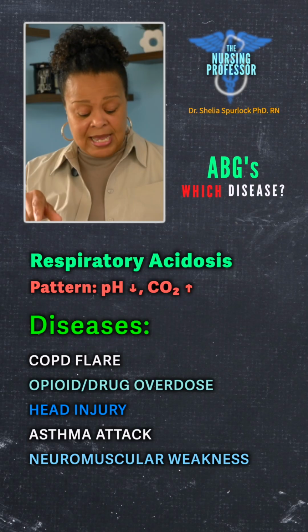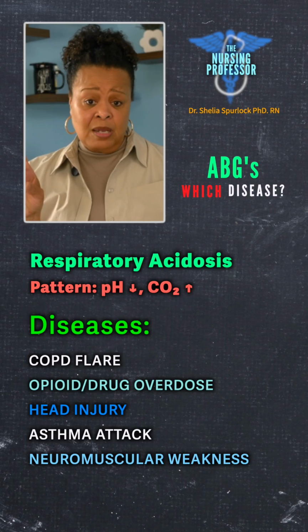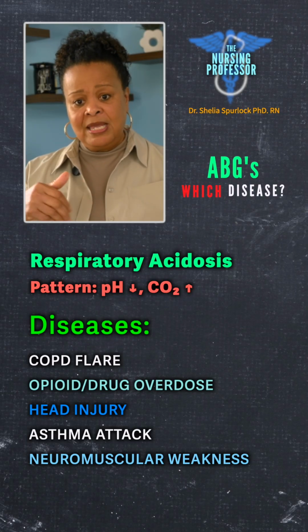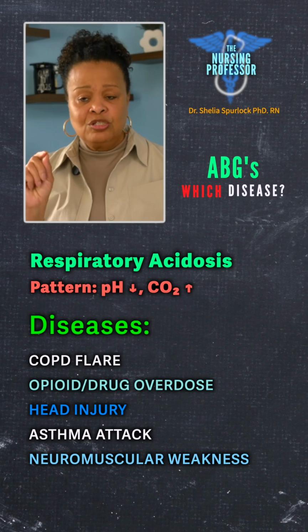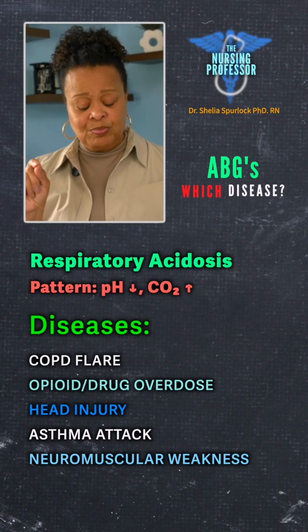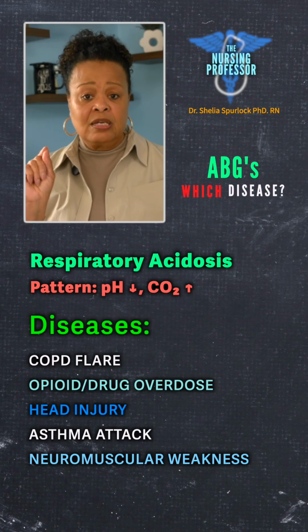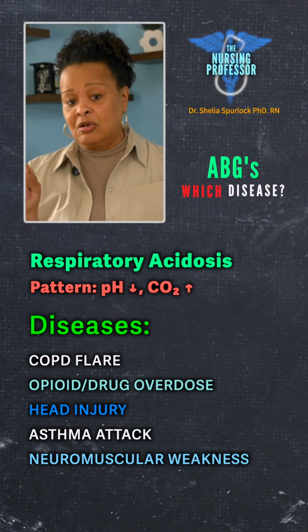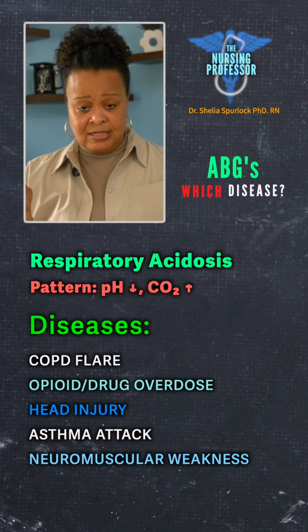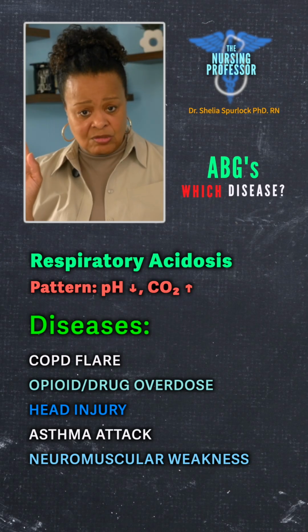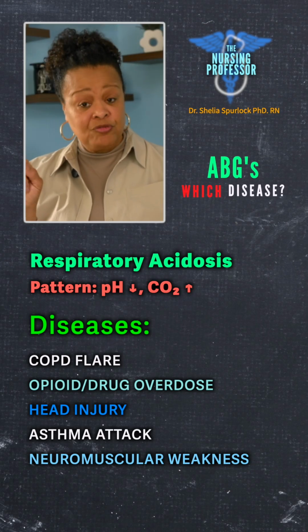People with severe asthma attacks, and any type of neuromuscular disorder that may impact breathing. So always remember, with respiratory acidosis, you're looking at disease processes that occur when the lungs are unable to blow off excess carbon dioxide. So think hypoventilation.